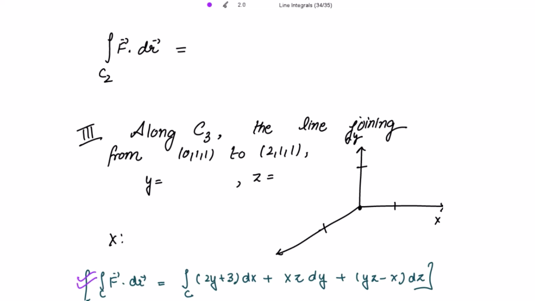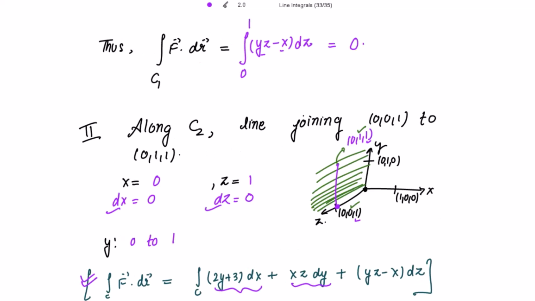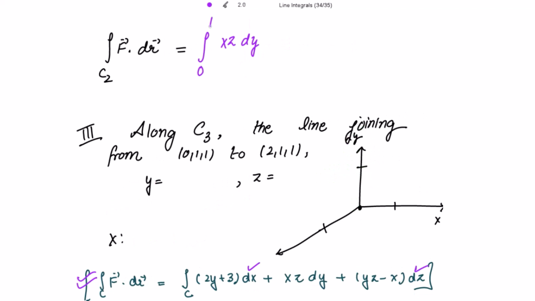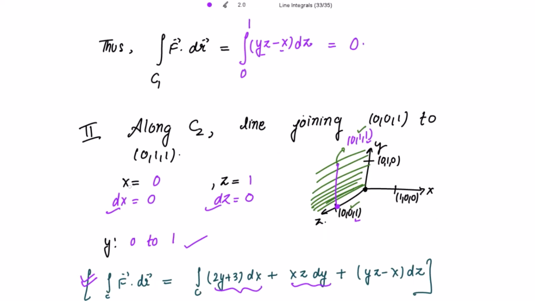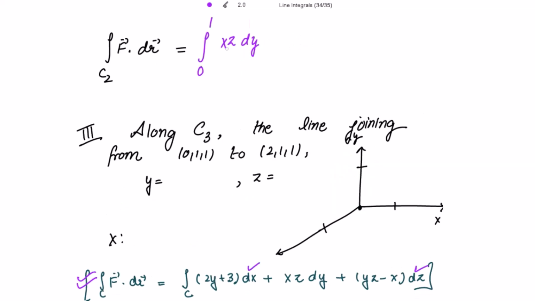Here I have already written the complete integral. So we have xz dy, and y varies from 0 to 1. But x is 0 and z is 1, so for x equal to 0 this term is 0. So this integral also becomes 0.